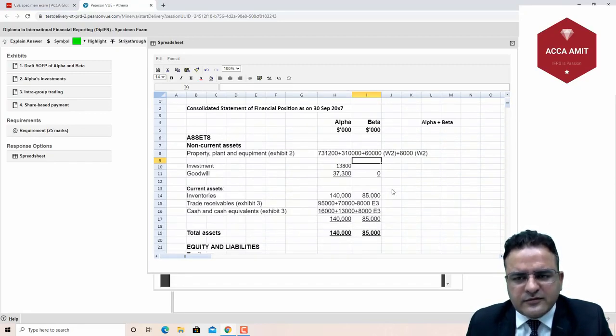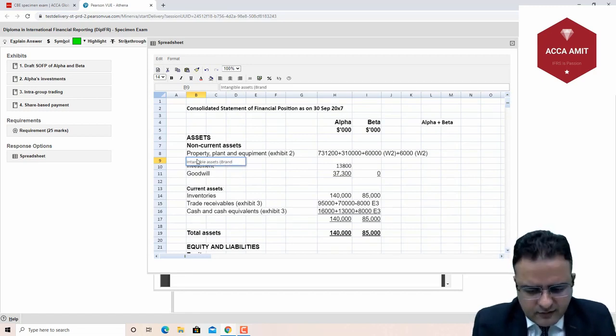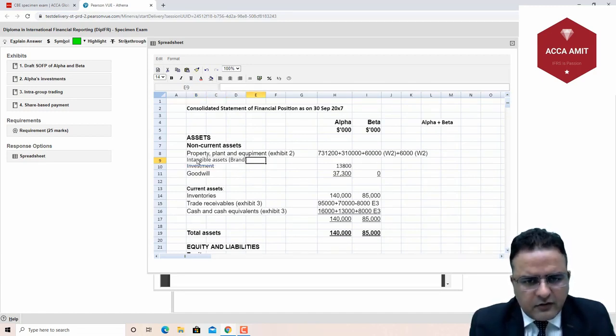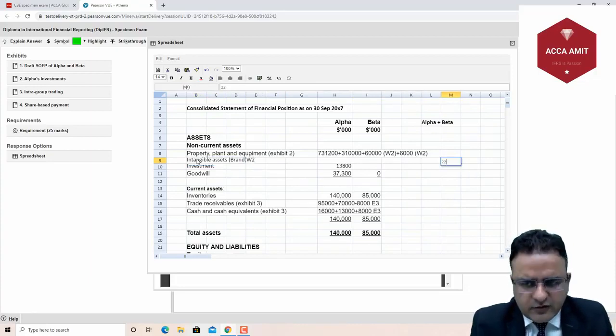Brand is for 22,000, so it will be presented as intangible asset. Brand, working note number 2, as 22,000.